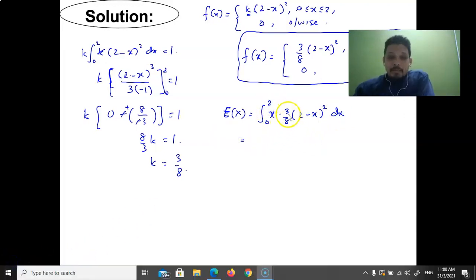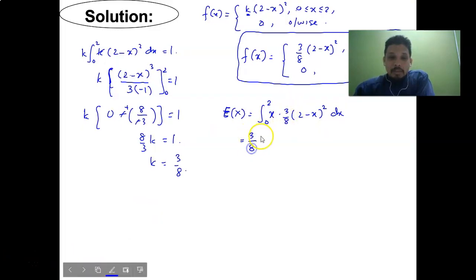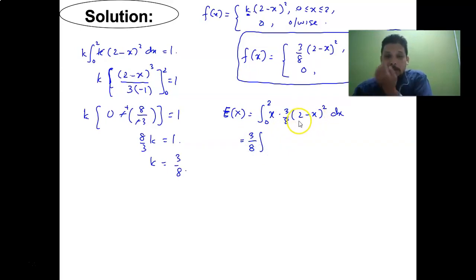Take the 3 over 8 as a constant. 3 over 8 times the integral of, so let's expand this first, (2 minus x) squared, then we multiply with the x here. Expansion of this: 2 times 2 equal to 4, minus 4x plus x squared, dx.